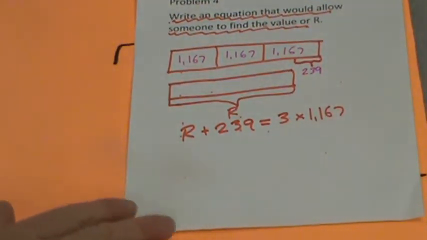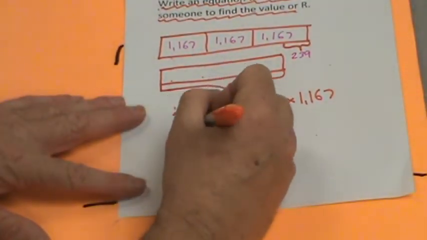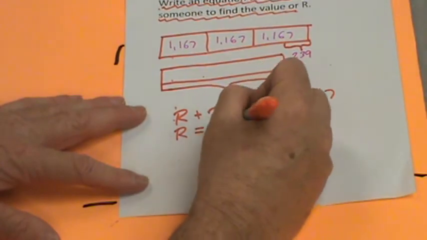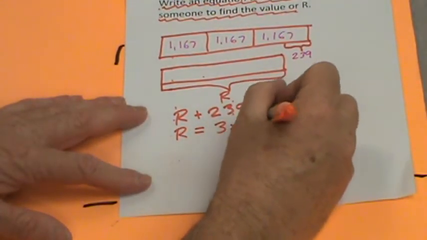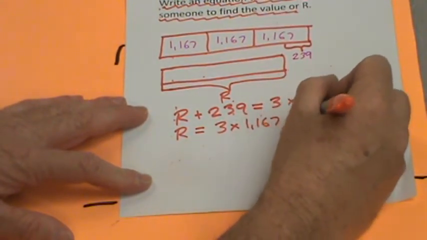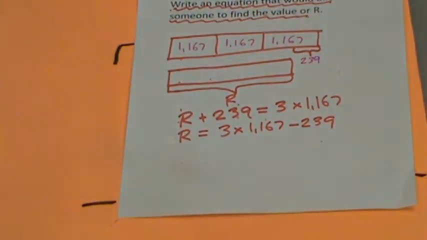We could also do it another way. We could say r equals 3 times 1,167 minus 239. So those are 2 ways that we can come up with the answer for r. Should we come up with the answer for r?